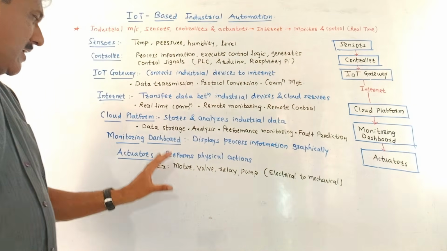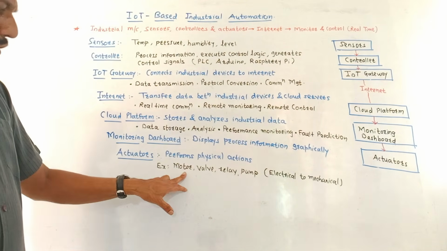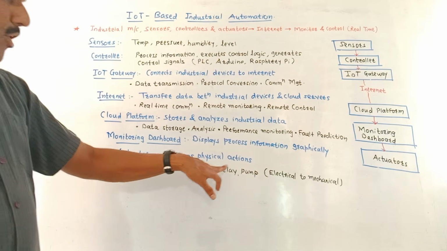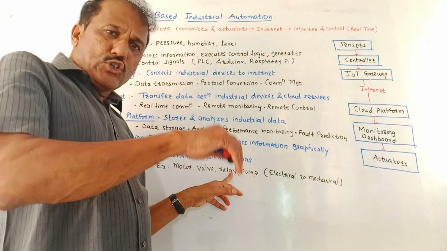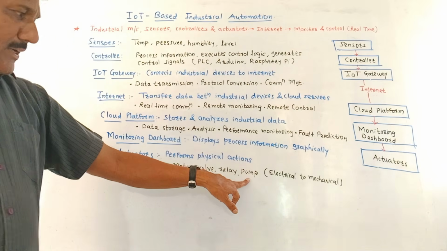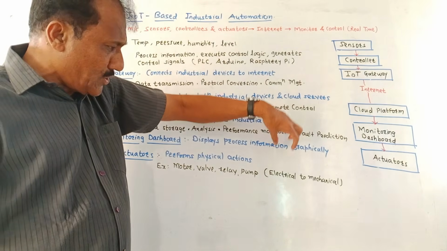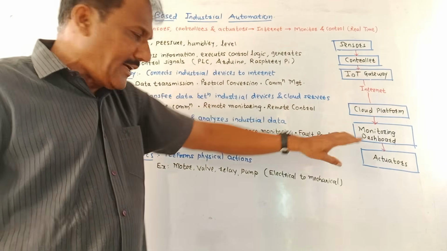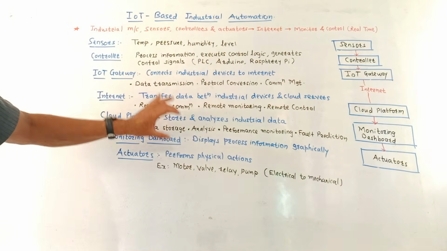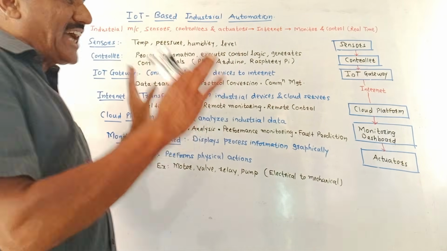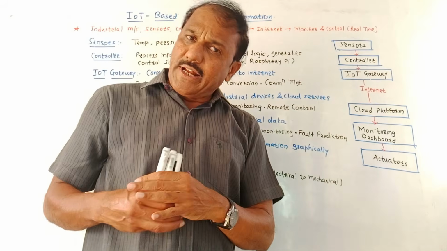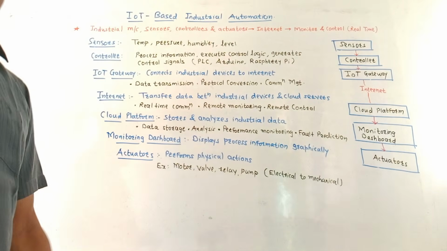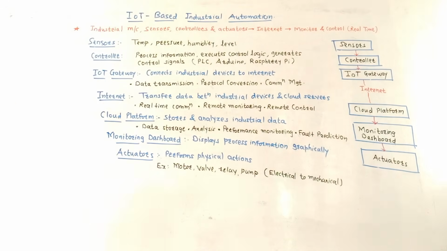Examples of actuators include motors, valves or relays to switch on and off, and different pumps. So it is the device which is used to convert electrical signal into mechanical action. That means it performs the physical action. So this is about the block diagram of IoT-based industrial automation system.